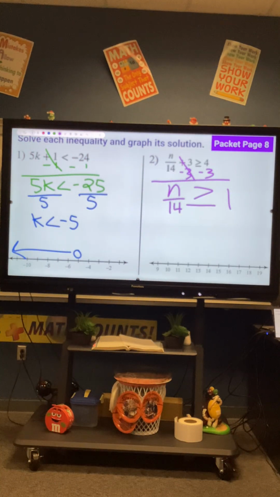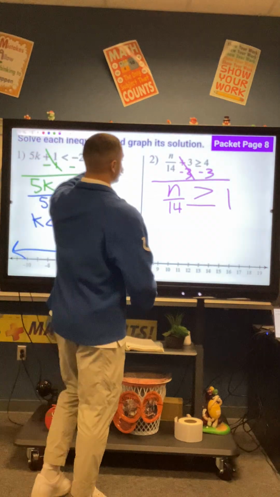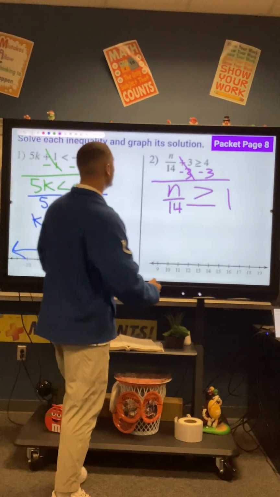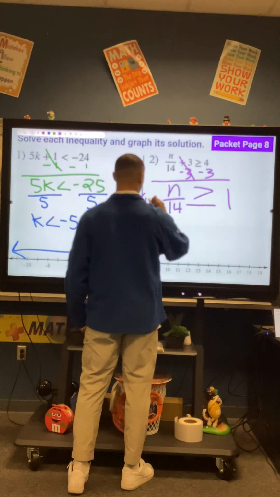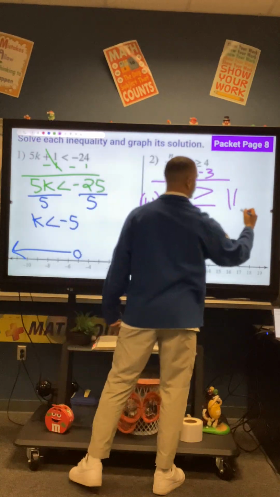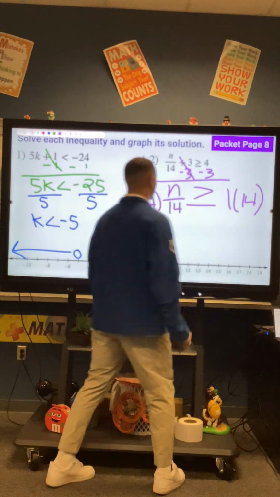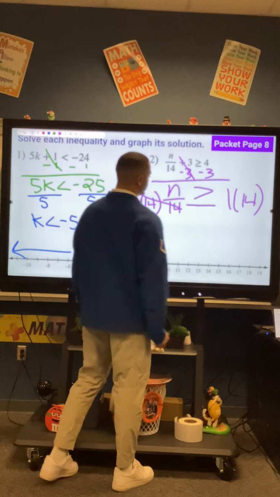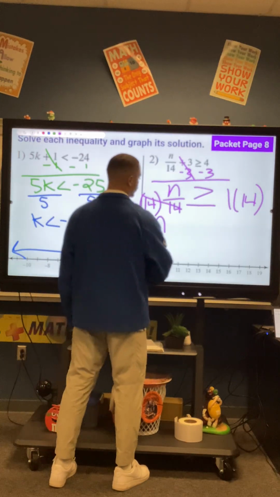Now, since I have 14 in my denominator, remember, fractions are division problems. So if I see a fraction, I know that n is being divided by that 14. To undo division, I'm going to want to multiply by that denominator. So I'm going to multiply each side by 14. That's going to leave me with n over 1, or just n.